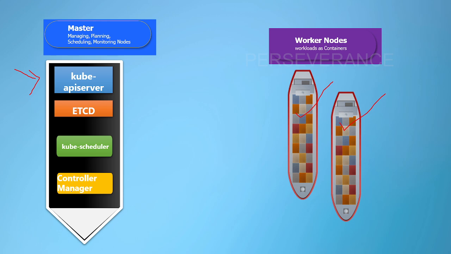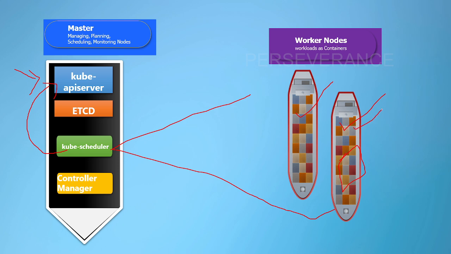In that context, kube scheduler is responsible for monitoring all these worker nodes. What it does is it proposes to the API server that this particular container should be placed on worker node 2.